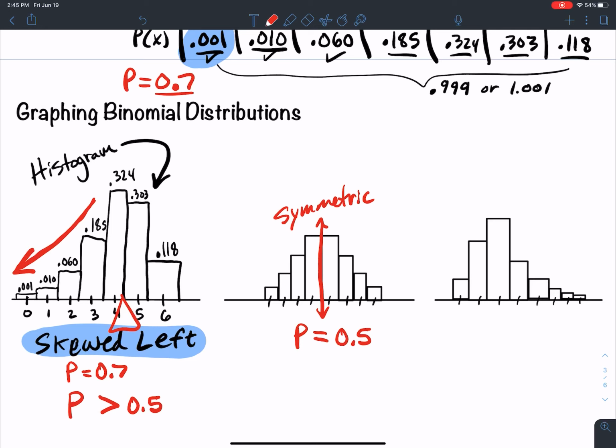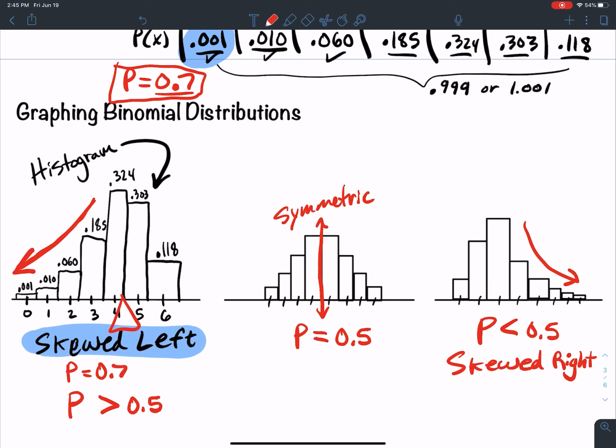And if your probability is less than 0.5, then you're going to be skewed right. So without looking at the picture of the distribution at all, if you see a probability greater than 50%, you know right off the top of your head that it's skewed left. You might be asked, based off of a probability of success of 70%, what does the distribution look like?